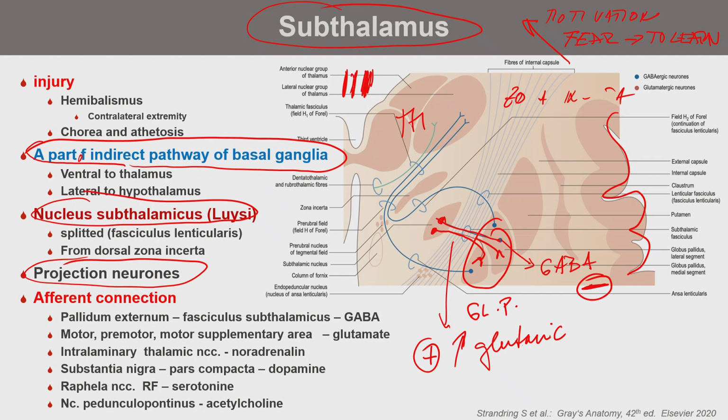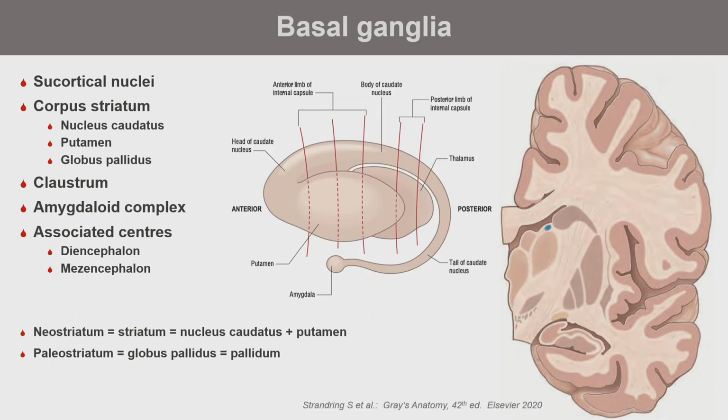Then, during overgrowing of this band, they are split from each other. But it's secondary. So, please now remember the subthalamic nucleus, and we will use it in basal ganglia and in the basal ganglia circuit.